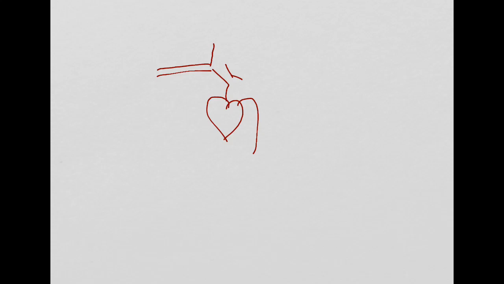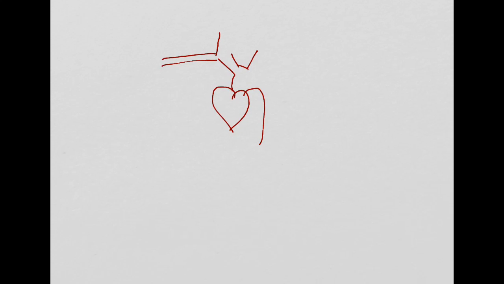So we've got a heart and an aorta. Okay, so here, I know this doesn't look great, but here's our left subclavian artery, and here's our right subclavian, and they're called subclavian because they're hanging out right under the clavicles.